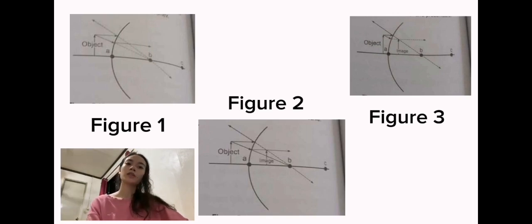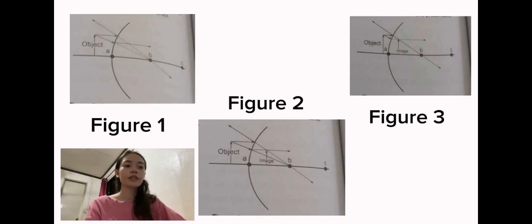Before we find the image, we first find the image point, like the tip of the object. Figure 1 shows point A as the vertex, point B as the focal point, and point C as the center of curvature. The anatomy of a convex mirror is exactly like the concave mirror, but the reflective part of the convex mirror is at the outward curve.